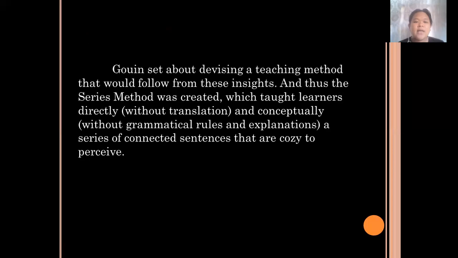GOUIN's insights led to the Series Method, which taught learners directly without translation and conceptually without grammatical rules and explanations, using a series of connected sentences that are easy to perceive.